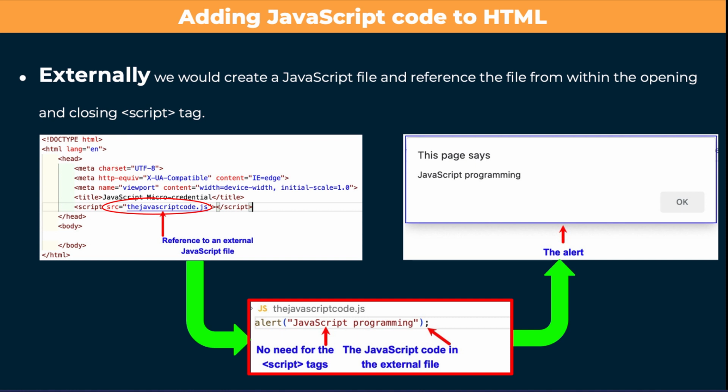But we would still have the same code, as you can see at the bottom. We would have alert JavaScript programming, but we don't need to enclose it in a script because we already have the script inside the HTML. And if we ran that, then it would give us exactly the same answer, JavaScript programming.